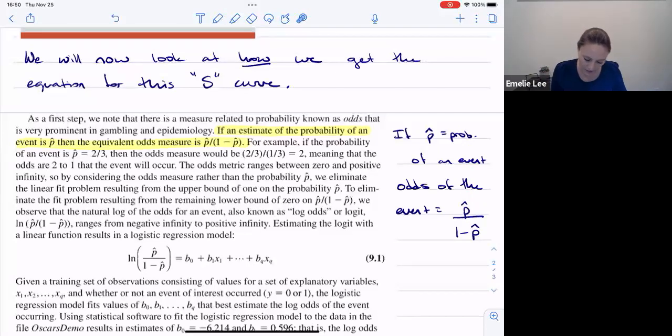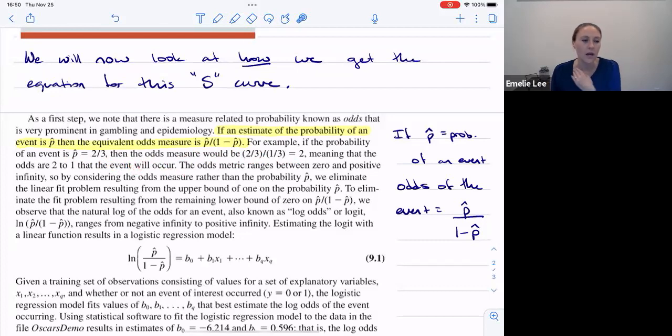But they've got an example here. If the estimated probability is 2 over 3, 0.66666, whatever, then the odds are going to be 2 over 3 over 1 over 3, the probability of it happening over the probability of it not happening, which is actually 2, which means that the odds are 2 to 1 that the event will occur.